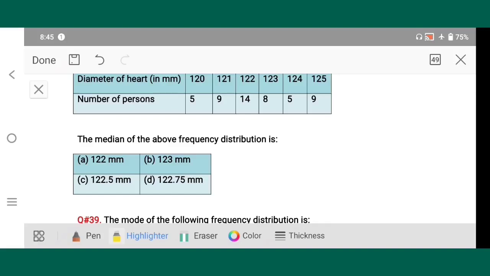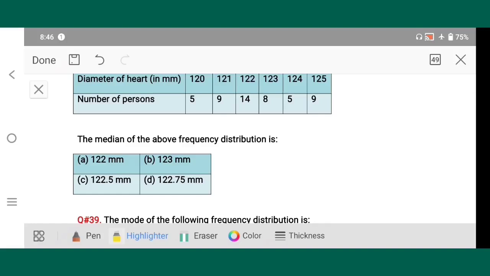Consider the following table: diameter of heart in mm, number of persons. The median of the above frequency distribution is, the options are 122 millimeter, 123 millimeter, 122.5 millimeter, 122.75 millimeter.